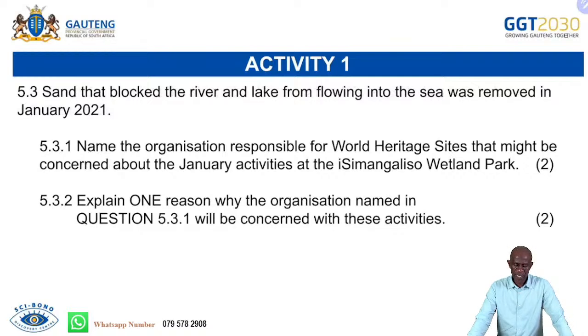It says explain one reason why the organization named in question 5.3.1, which is UNESCO, will be concerned with this activity. Their main aim is to protect the existence of this World Heritage Site. So they come in as a body that is responsible for the protection and preservation of World Heritage Sites.